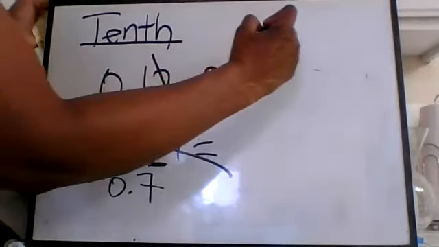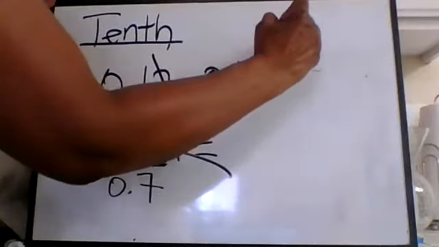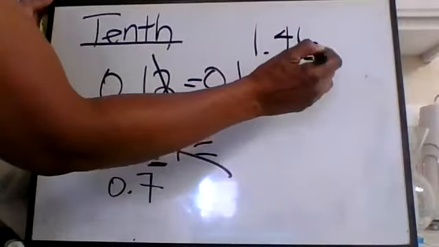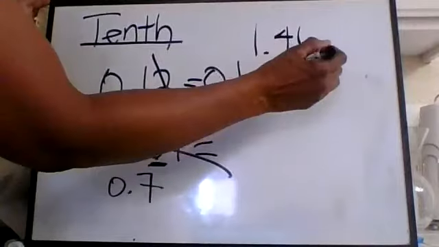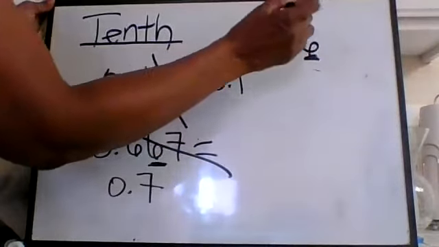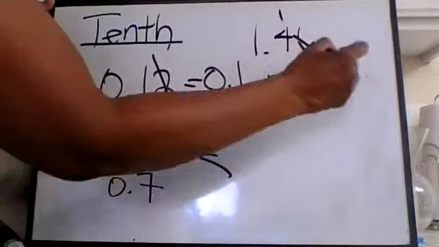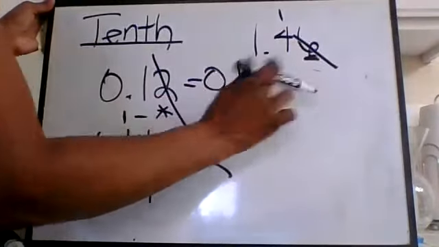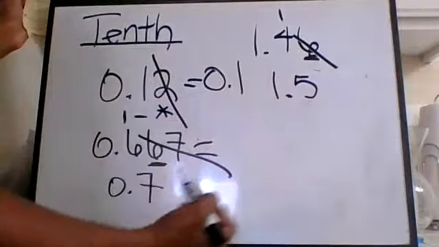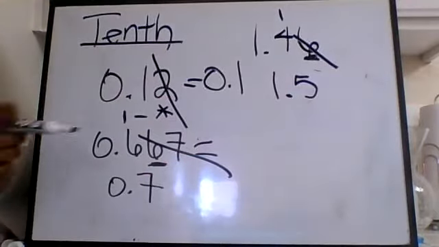One more, 1.46. We're looking at the hundredths place. Here's our tenth, we're looking at the hundredths. It's greater than 5, so we round up. This comes off, and 1.5 is the answer. Okay, pretty simple, right?